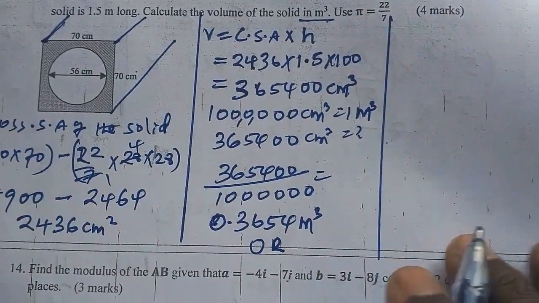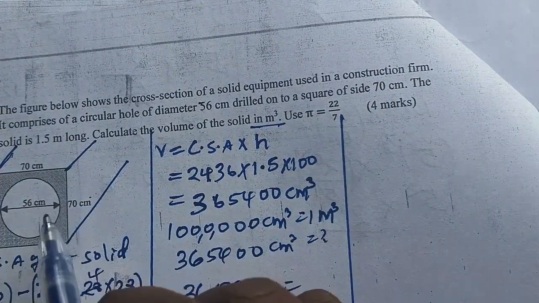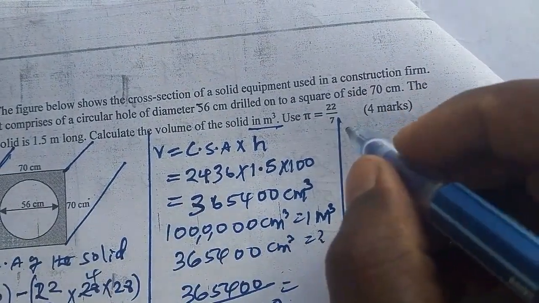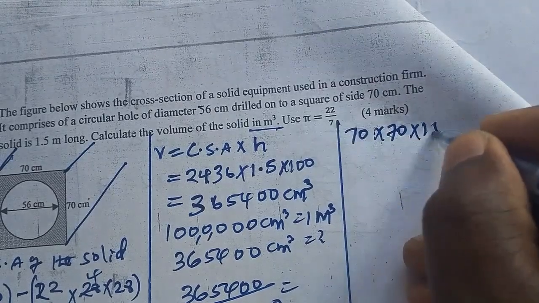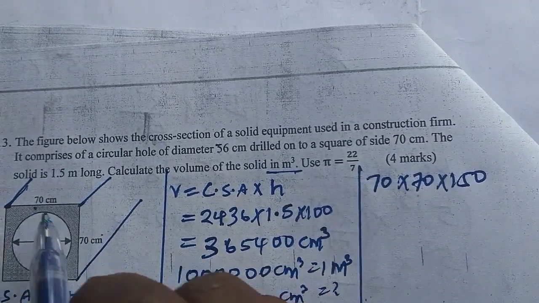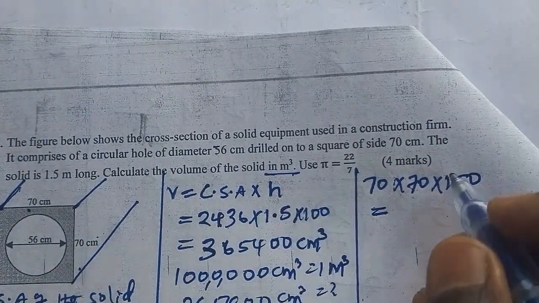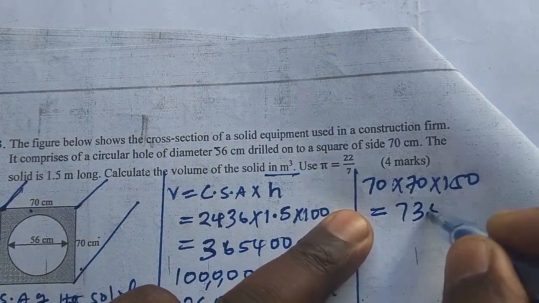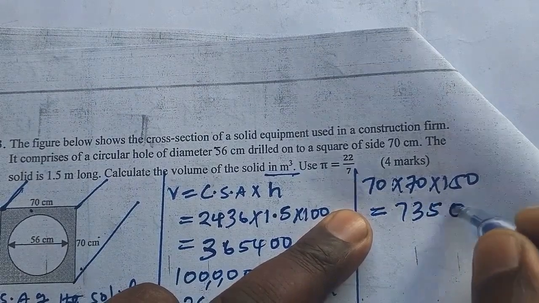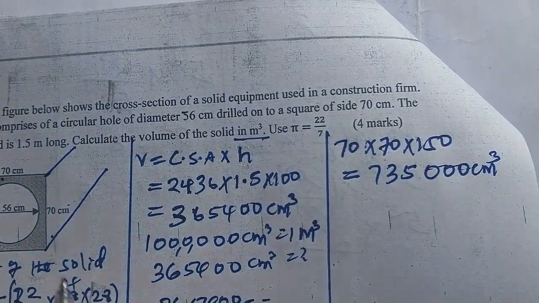You calculate the volume of the cuboid first, which will be equal to 70 times 70 times the length, how long. That one will give us 735,000 centimeters cube.